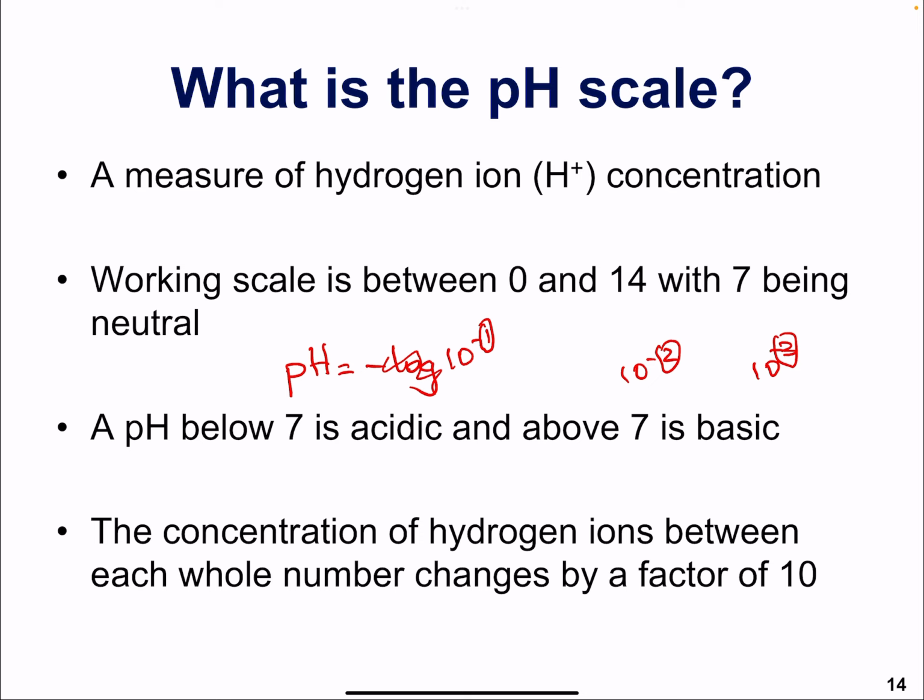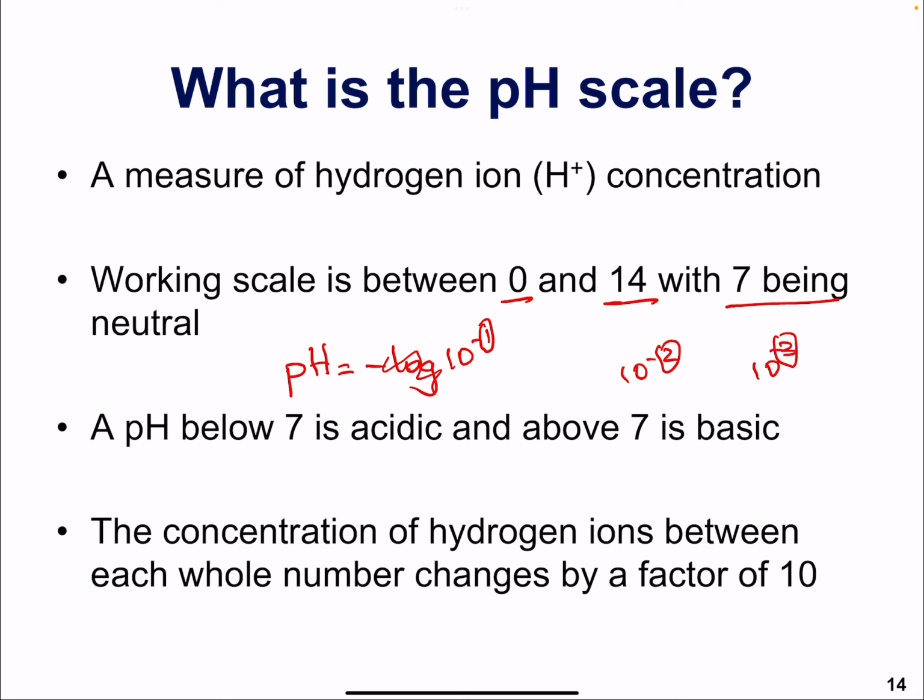pH, which is equal to the negative log of 10 to the power minus 2, is simply 2. So we have a scale of pH that varies from 0 to 14, with 7 being a neutral pH. Anything below 7 is considered acidic, while anything above 7 is considered basic.